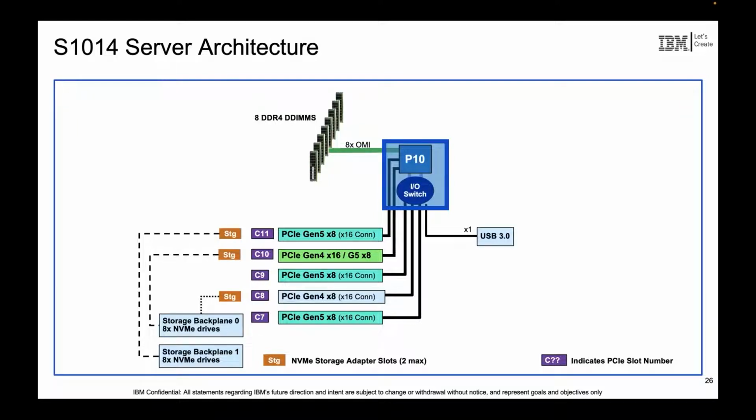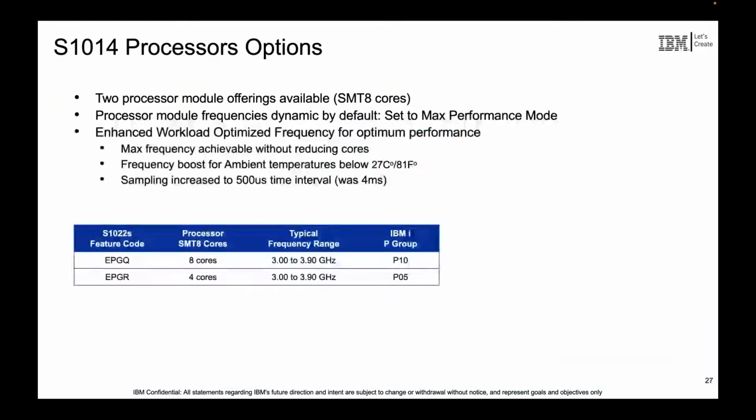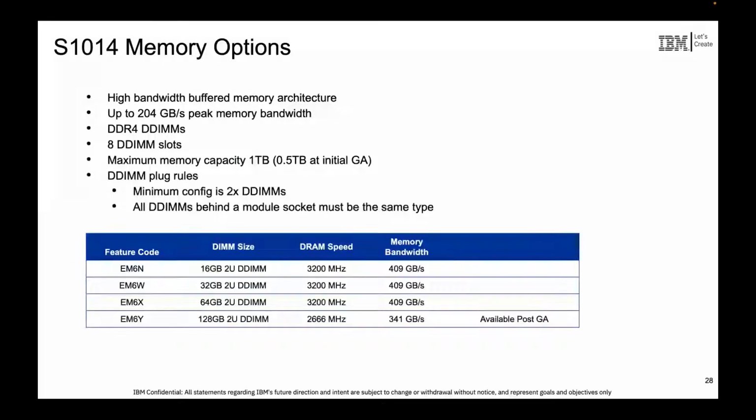So we'll be spending some time thinking about how to get as much IO into this box as we might want or need. There's 2 processor options, and they tie us to IBM i P groups. So 4 cores for P05, 8 cores for P10, and then here's our memory.